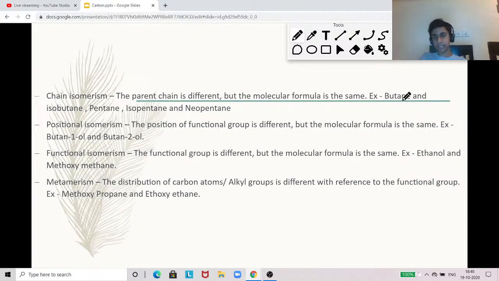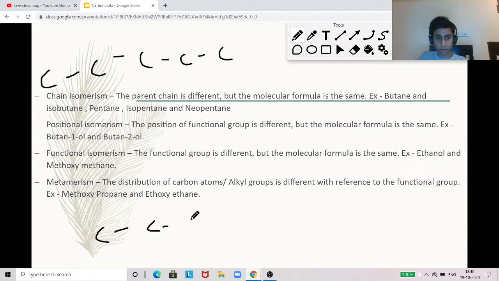We looked at one example earlier, butane and isobutane. Now pentane, isopentane, and neopentane. Pentane has 5 carbon atoms in a chain. Isopentane is when we have 4 carbon atoms as a chain and 1 carbon atom like this, which will be the methyl group.